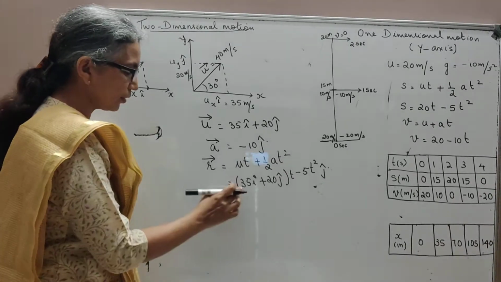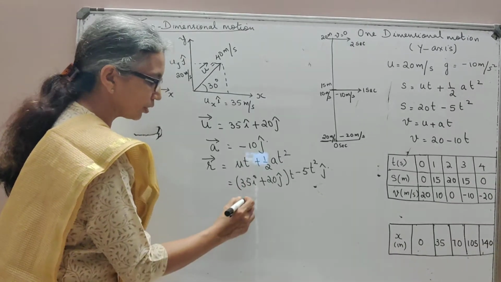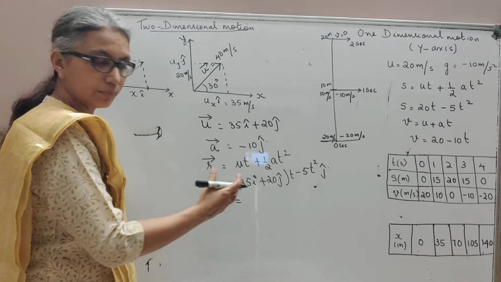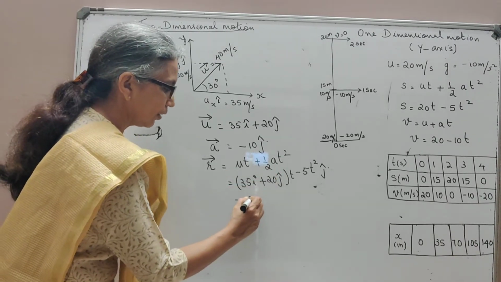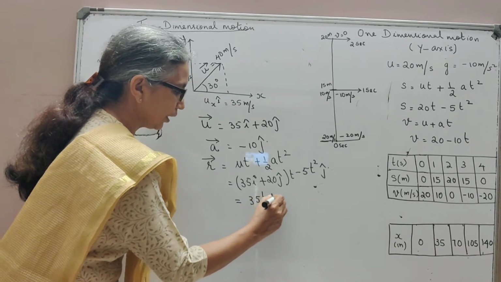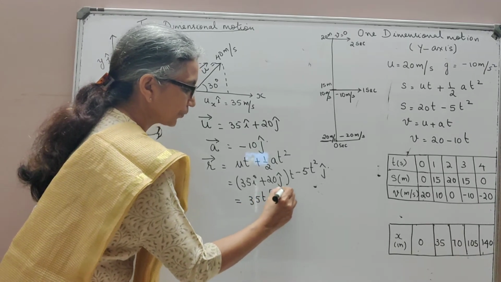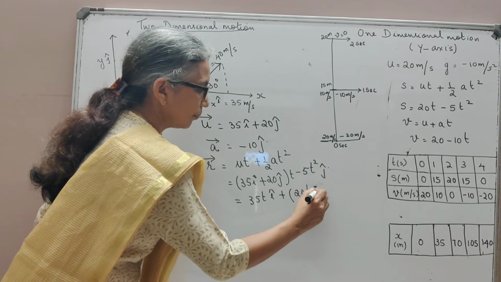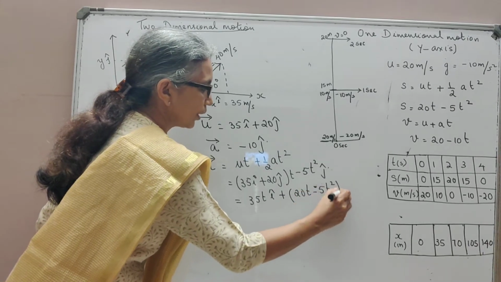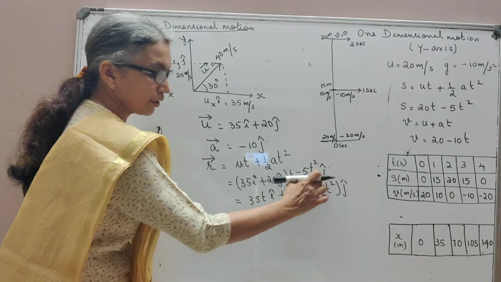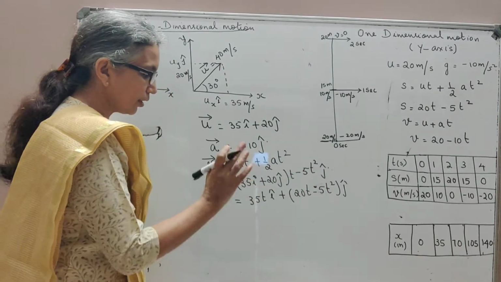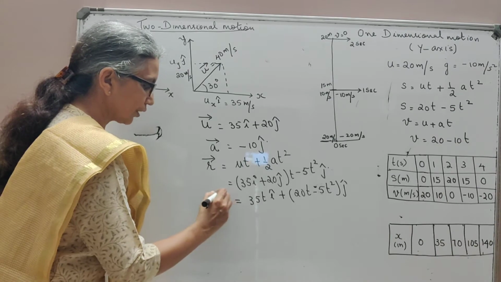So I'm going to bring together the i terms and the j terms. So this will be 35 t i cap plus 20 t minus 5 t square along j cap. I just couple these two because this is also along j, this is also along j, and this is the i vector. So this is r vector for you.